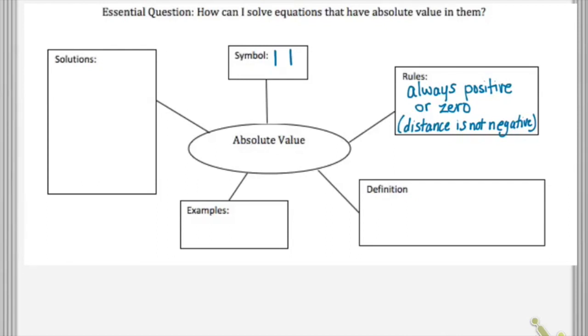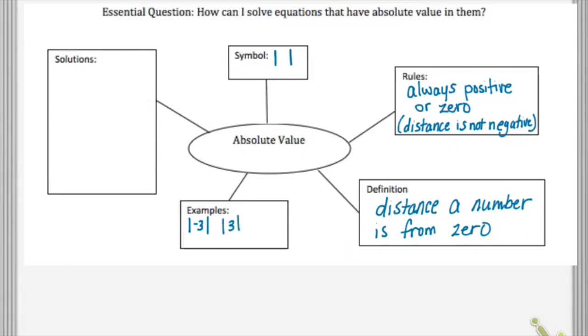And that is based on the definition being the distance from zero on a number line. So, the distance a number is from zero. Examples in symbols: you could have the absolute value of a negative value, the absolute value of a positive value, and you can have the absolute value of zero.